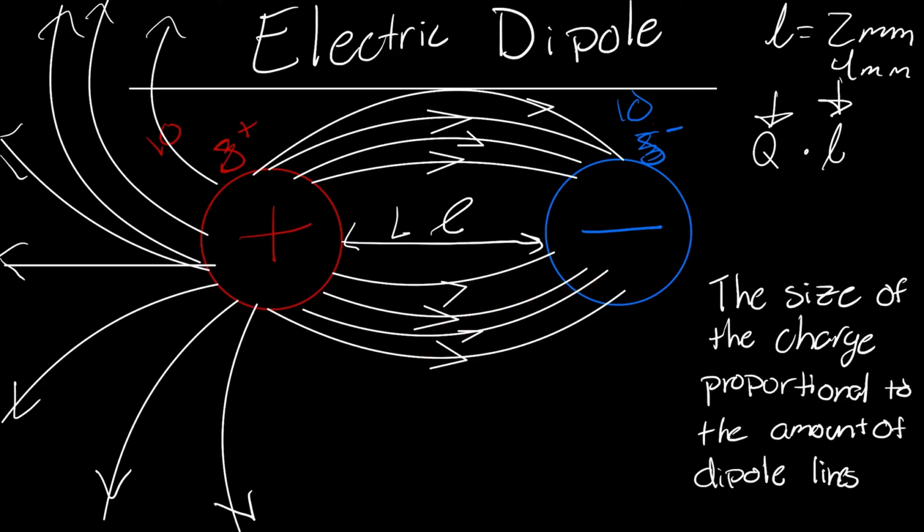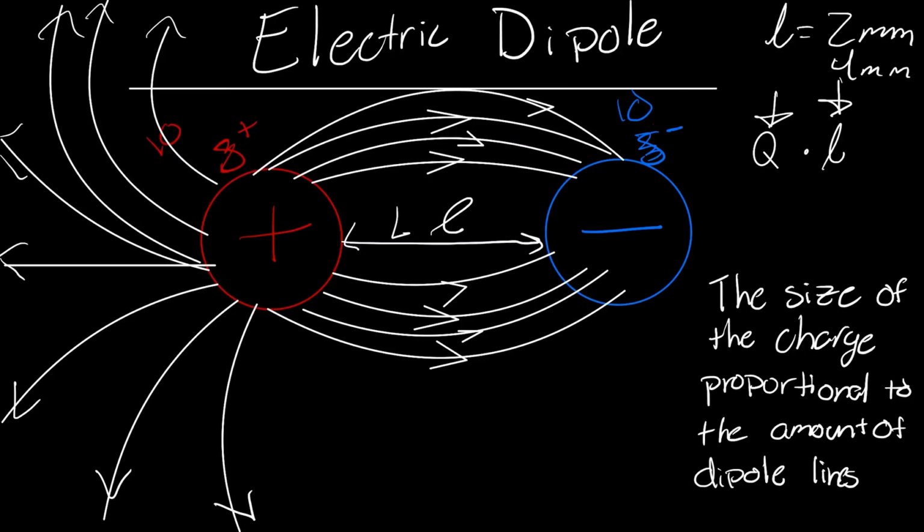The reason it becomes stronger is that even though the charges grow farther apart, these lines over here, the ones that I'm currently moving the cursor over, grow closer together. And that means that the dipole field becomes stronger.